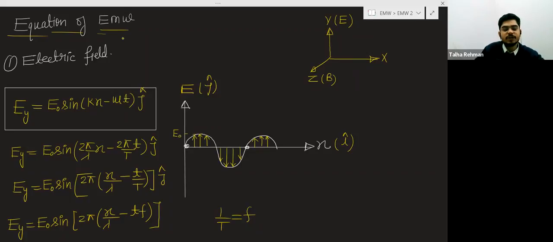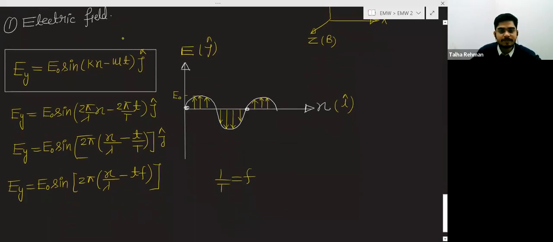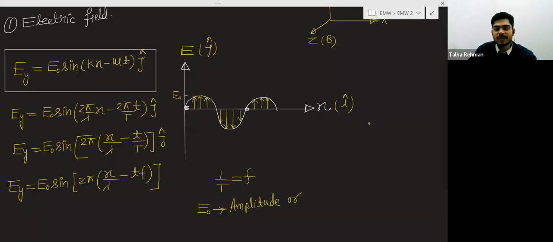E naught is basically the maximum value of the electric field. I am writing here E naught: E naught will be the amplitude, or you can say the maximum value of the electric field in the electromagnetic wave.